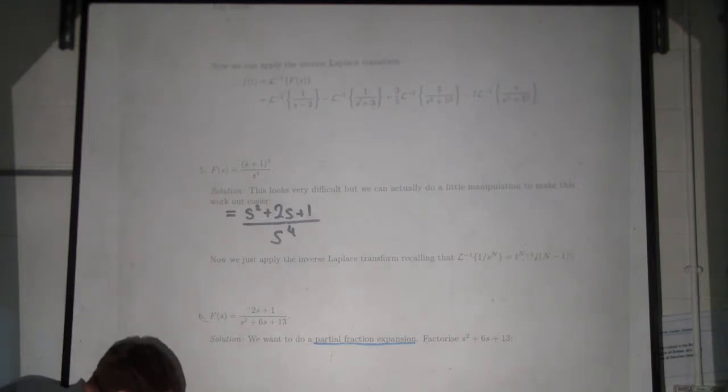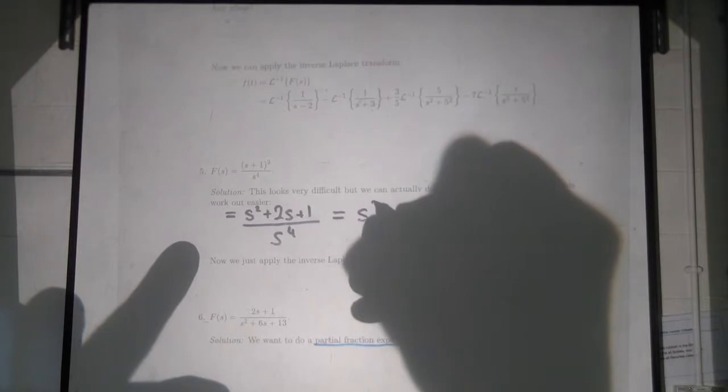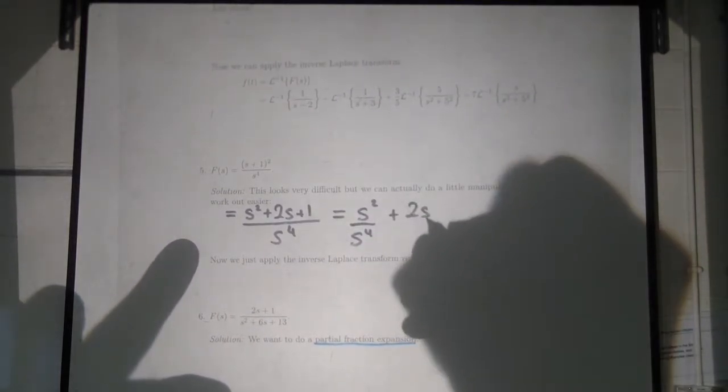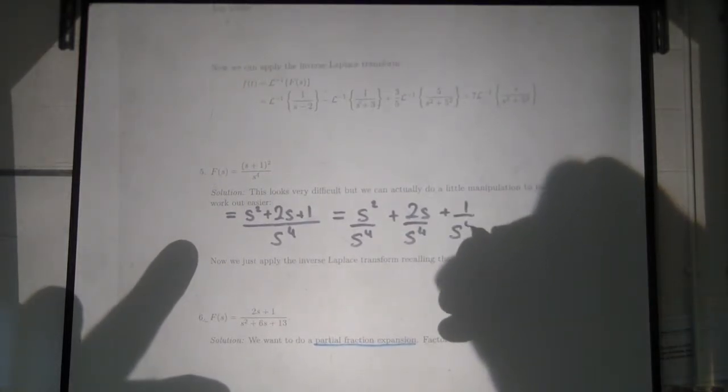So let's write it like this: 20 over 2 plus 100 over 2. When you've got a sum divided by a single number, you divide all of them by that number. So we're going to have s squared over s to the 4 plus 2s over s to the 4 plus 1 over s to the 4.